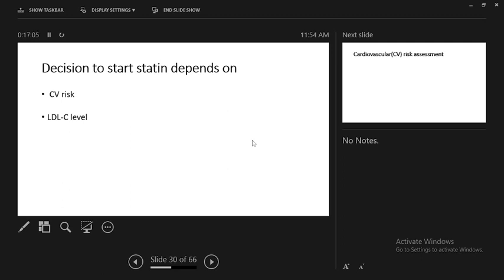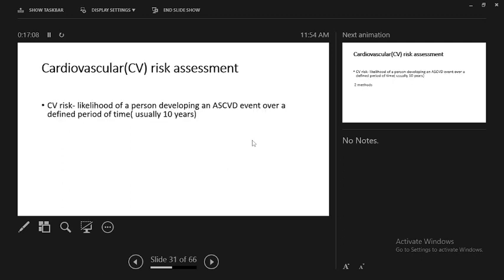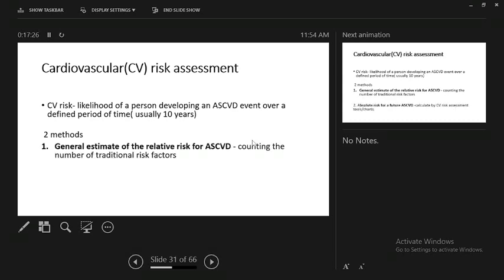Decisions to start statin depend on the cardiovascular risk and the LDL level. So why is cardiovascular risk assessment important? Cardiovascular risk is the likelihood of a person developing an atherosclerotic cardiovascular event over a defined period of time. We usually take it as 10 years.